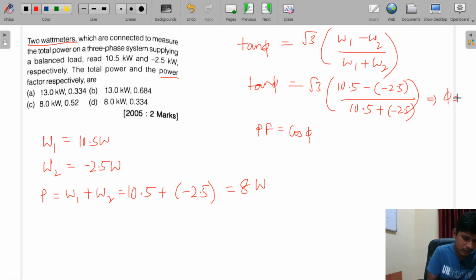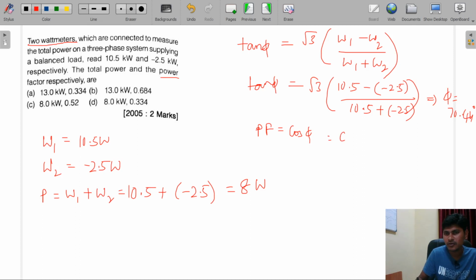Tan inverse of root 3 into 13 by 8, which is 70.44 degrees.